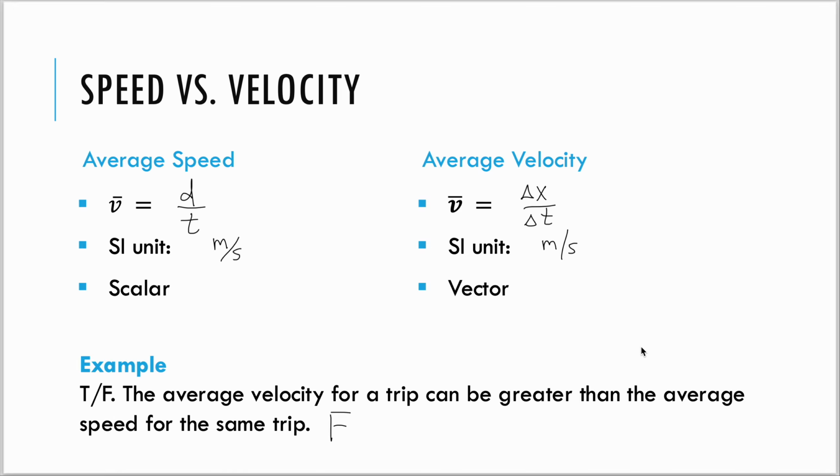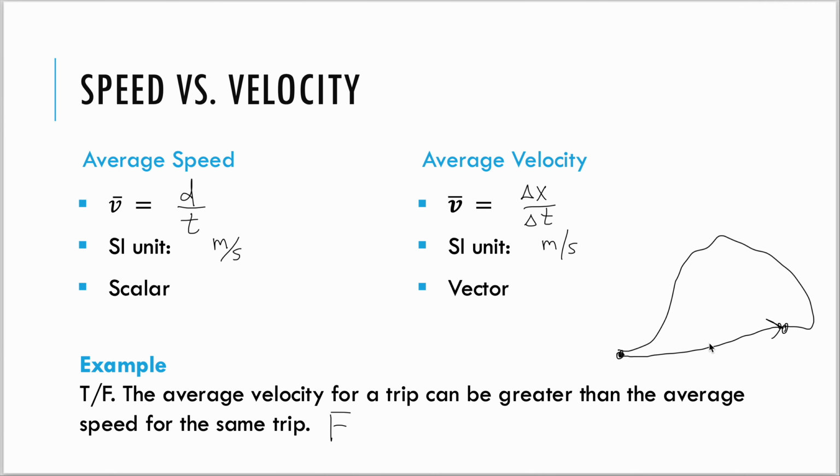Because if you think about it, let's say that you're going from here to here and you're taking this path, right? So that average speed is going to take into account that whole distance divided by the time, while the average velocity is only going to take that distance from the starting point to the ending point divided by the time. That's going to be shorter.